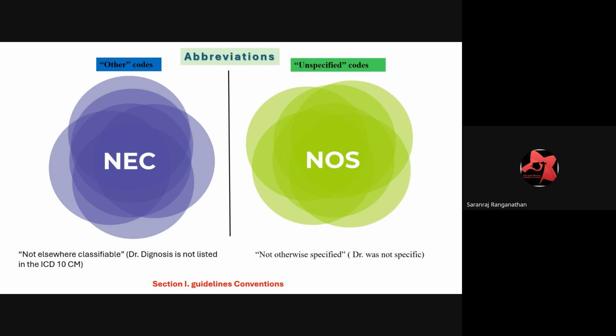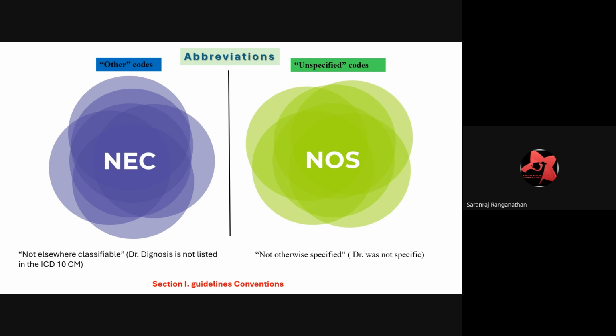Even though there is a list of migraines, when the doctor is not specifying it, that is called not otherwise specified. When it's not specified, I'm going to take the unspecified code. Okay, you got the point? So that is what other specified and unspecified stand for.